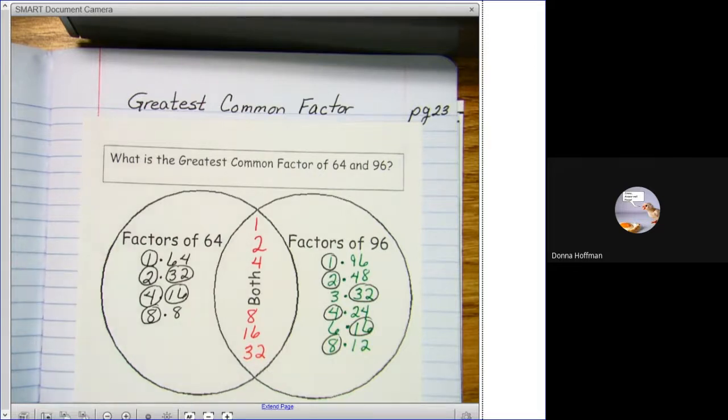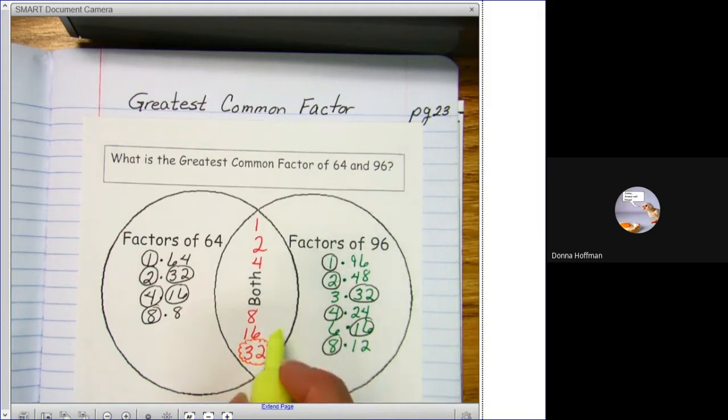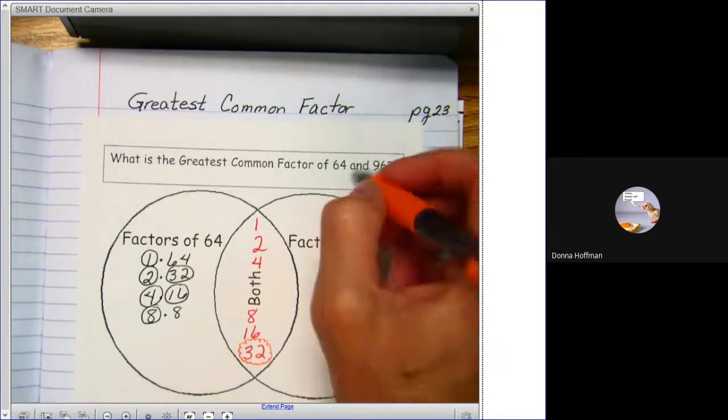Now the last thing I have to do is identify the greatest common factor. That is simply looking for the biggest number of the common factors. That's as easy as it gets. So my greatest common factor of 64 and 96 is going to be 32.